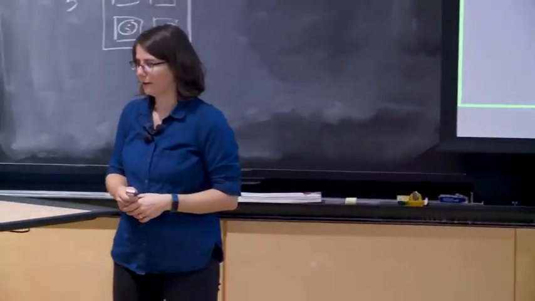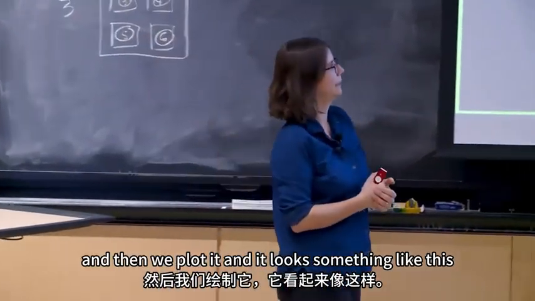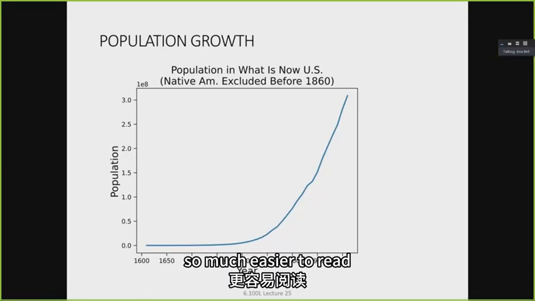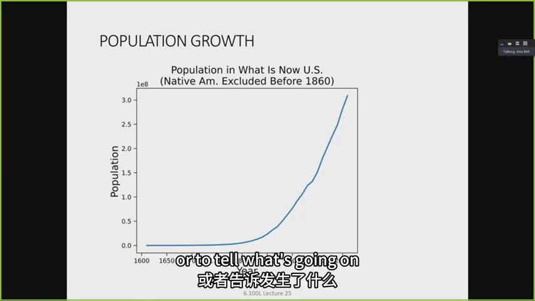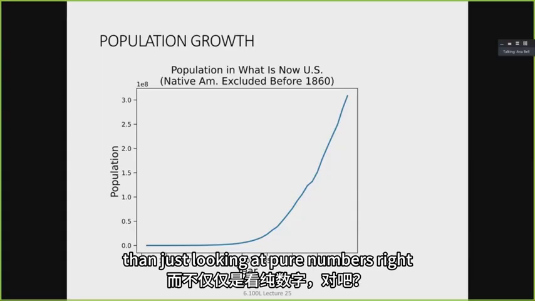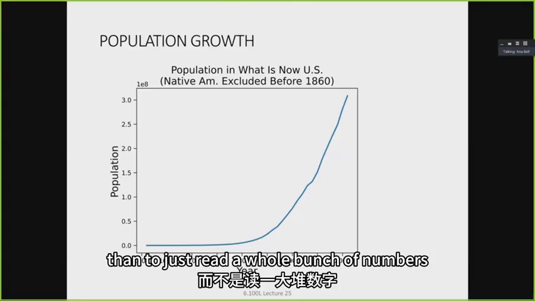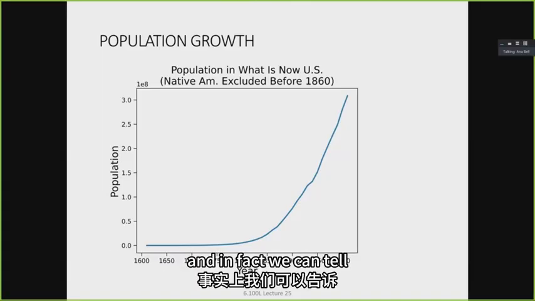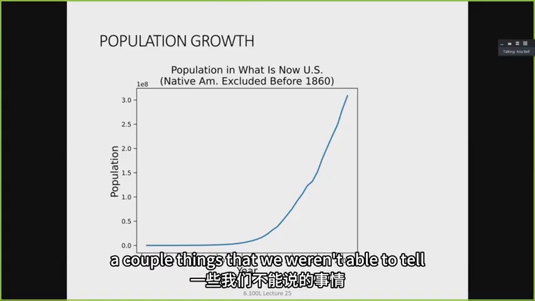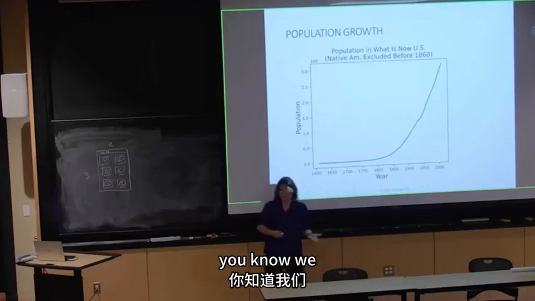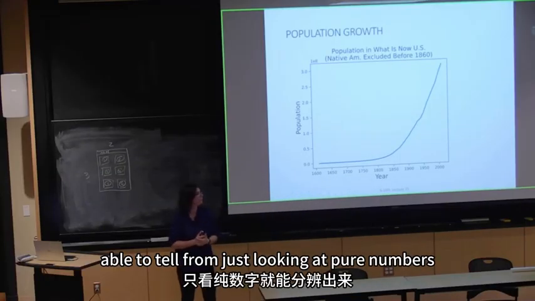Okay. And then we plot it, and it looks something like this. So much easier to read to tell what's going on than just looking at pure numbers. Always nicer to visualize things than to just read a whole bunch of numbers, even if it's just 40. And in fact, we can tell a couple things that we definitely couldn't have told from just looking at pure numbers.